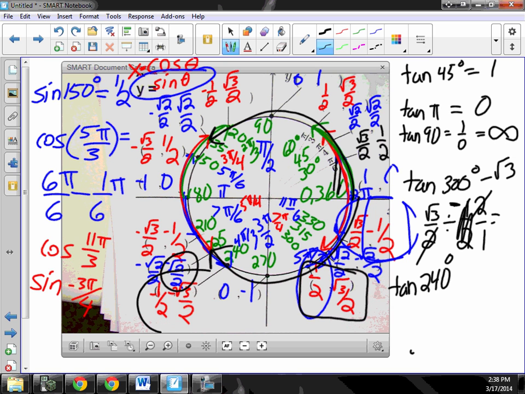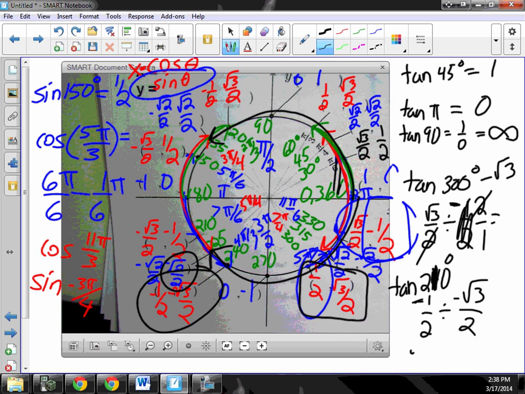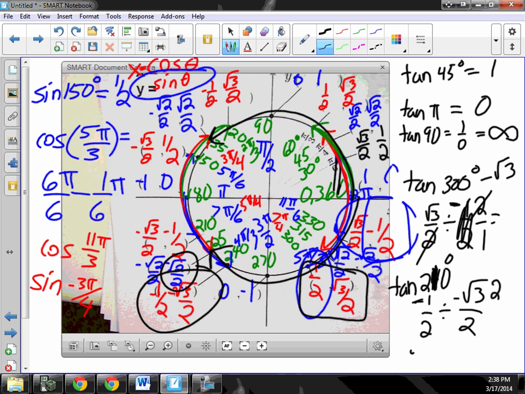So that would be this set of fractions. Negative root 3. Oh, wait, that's the same. Yeah, it would be positive. Let's do 210. So the tangent of 210 is going to be negative 1/2 divided by negative root 3 over 2. We flip the second one, 2 over root 3.